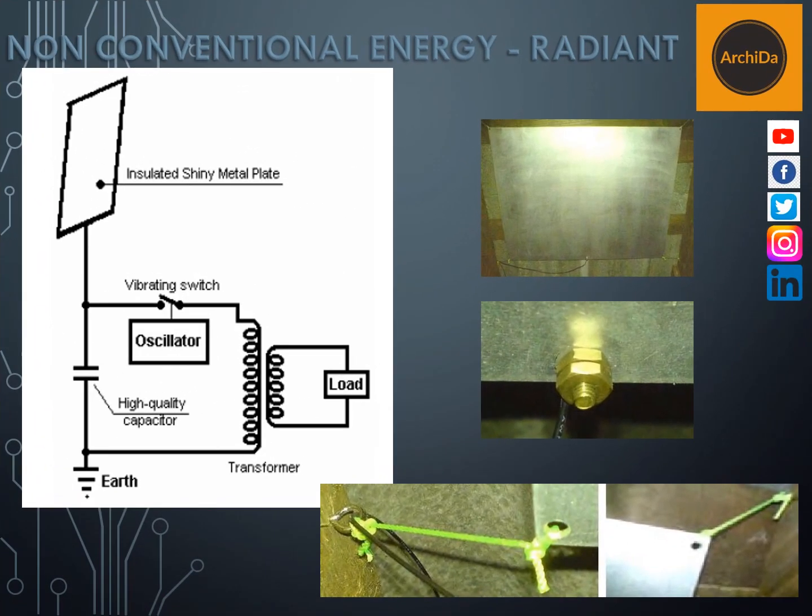So radiant energy was started by Nikola Tesla. If you see the picture on the left, that was his patented device, wherein the pictures on the right show a small experimental variation which was able to get energy out of just a single aluminum plate.